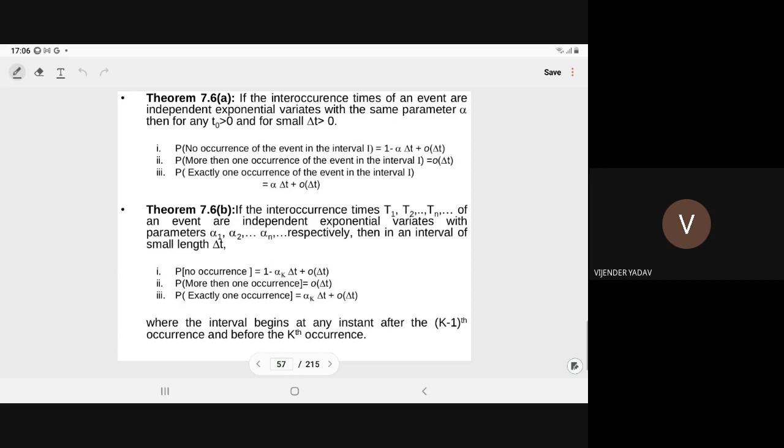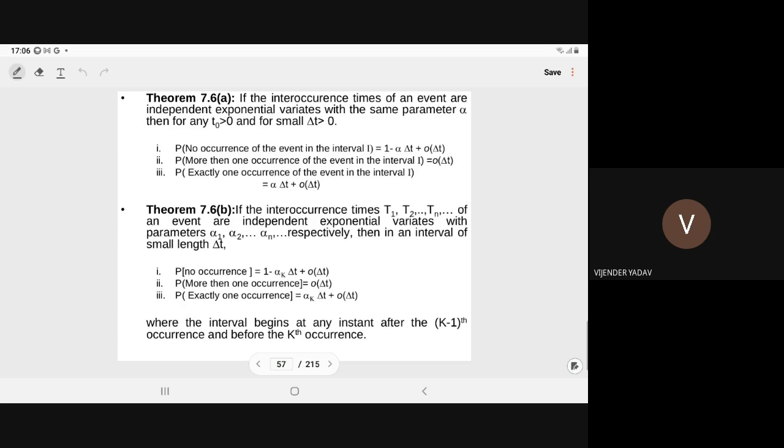If the inter-occurrence times of events are independent exponential variates with the same parameter alpha, then for any t naught greater than 0 and small delta t greater than 0, the probability of no occurrence of the event in the interval will be 1 minus alpha times delta t.